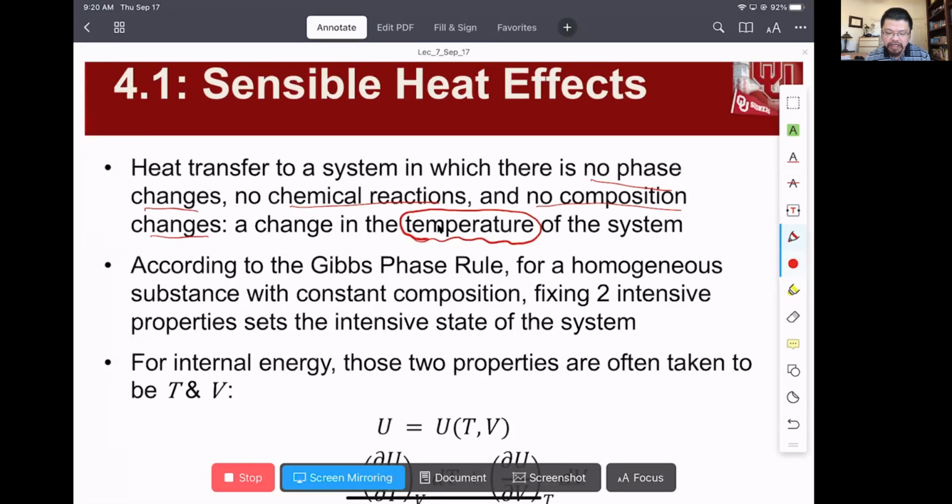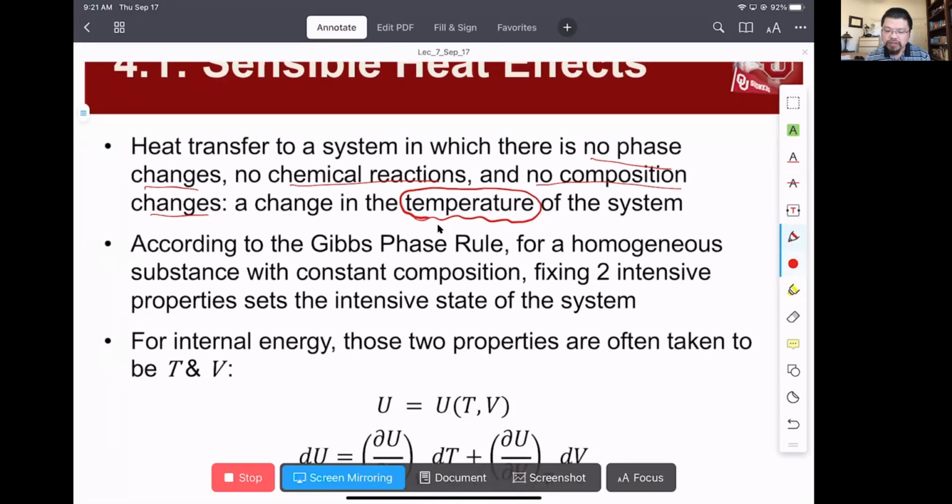The second term is a quick review of the Gibbs phase rule. Say we have a homogeneous substance with constant composition, so let's say pure component 1, and the number of components would be 1.